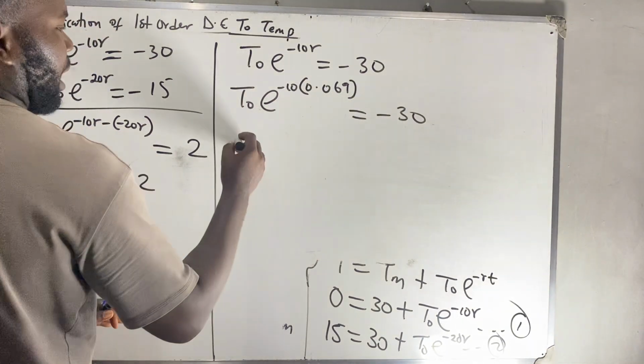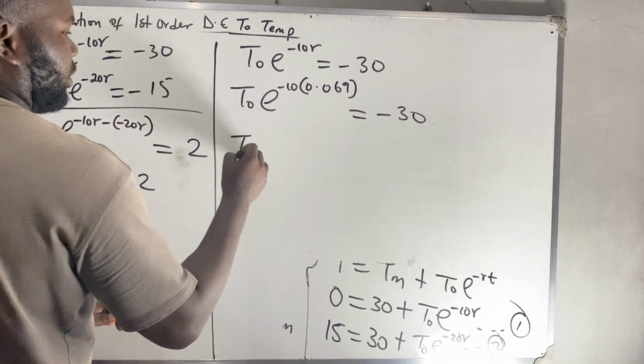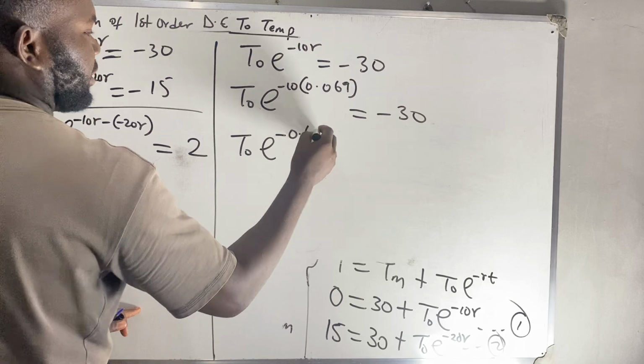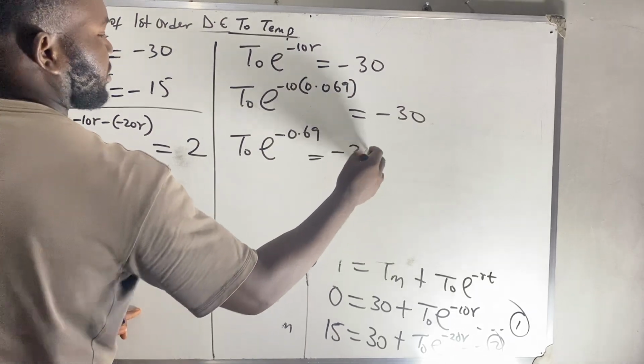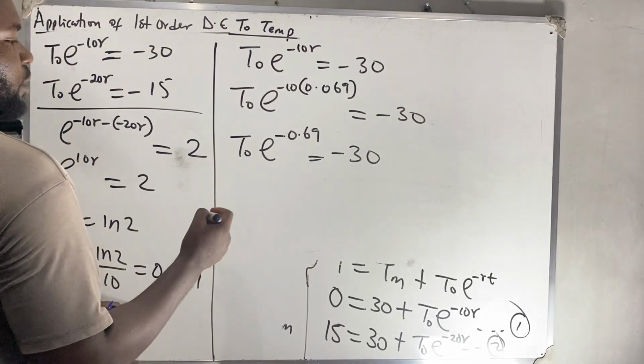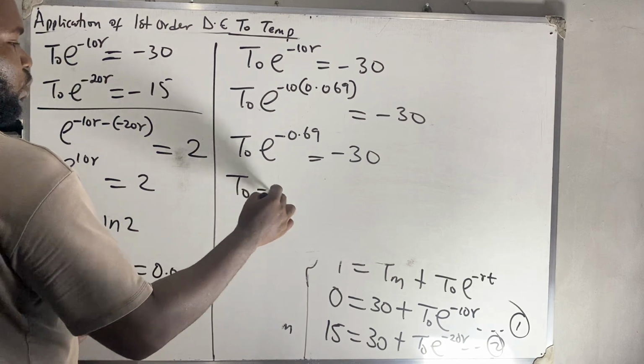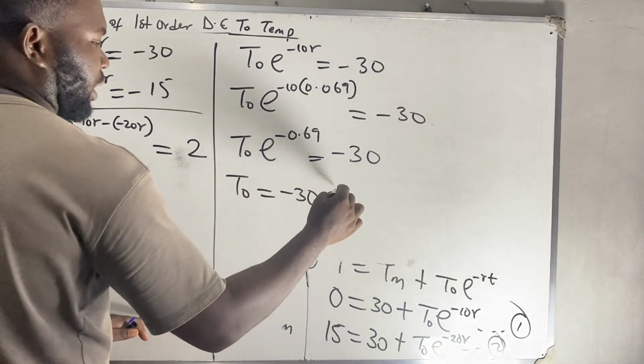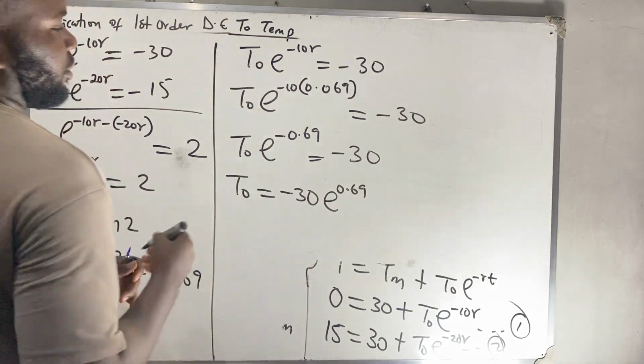So T naught exponential, 10 times this will give you minus 0.69, is equal to minus 30. So this one coming down here, my T naught will now be equal to minus 30 exponential 0.69.